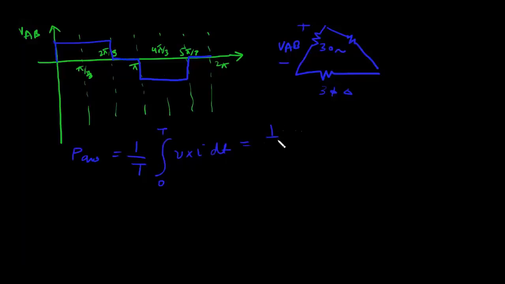So the time period here is 2 pi. You can break this integral from 0 to 2 pi by 3 VI dt, then from pi to 5 pi by 3 VI dt.